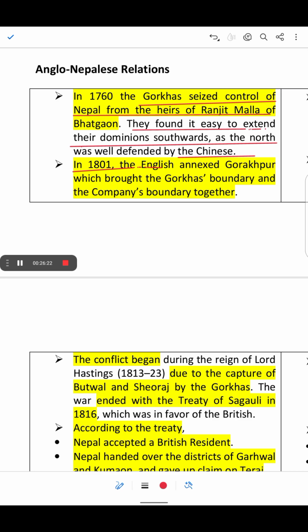In 1801, the English annexed Gorakhpur, which brought the Gorkhas' boundary and the Company's boundary together. The conflict began during the reign of Lord Hastings in 1813 to 23 due to the capture of Butwal and Sheoraj by the Gorkhas. The war ended with the Treaty of Sugauli in 1816, which was in favor of the British.